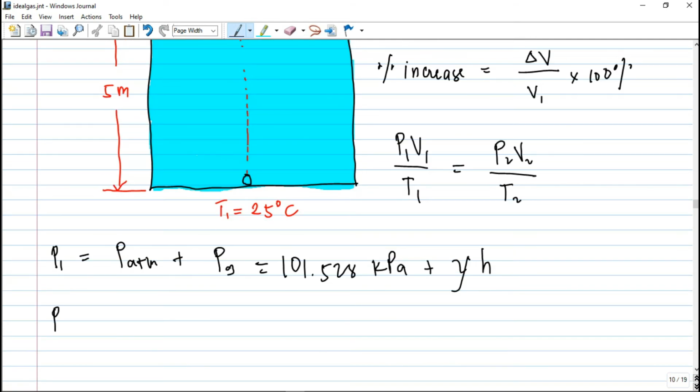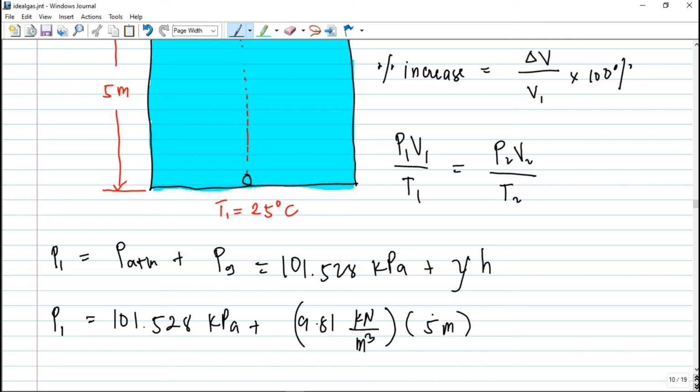So, the pressure at the bottom is equal to atmospheric pressure, that is 101.528 kilopascals, plus the specific weight of water, 9.81 kilonewtons per cubic meter, times its height of 5 meters. So, the unit of this, guys, is kilonewton per square meter or kilopascal.